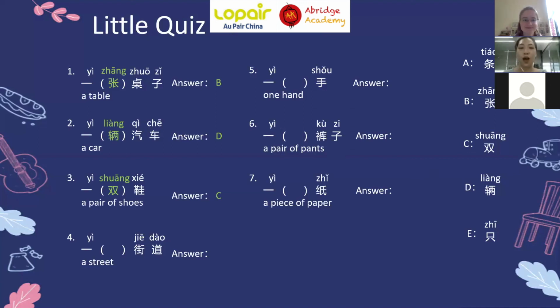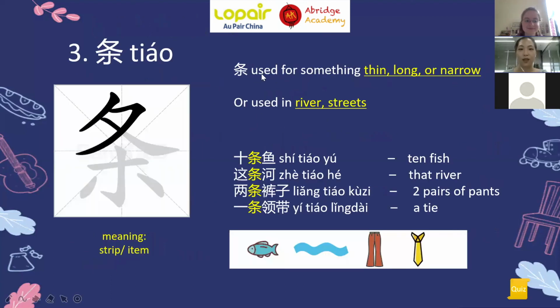When we describe something long and narrow, we use this one, 条. So the answer will be 一条街道, a street. So this character, 条, is used for something thin, long, narrow, specifically for rivers and streets.